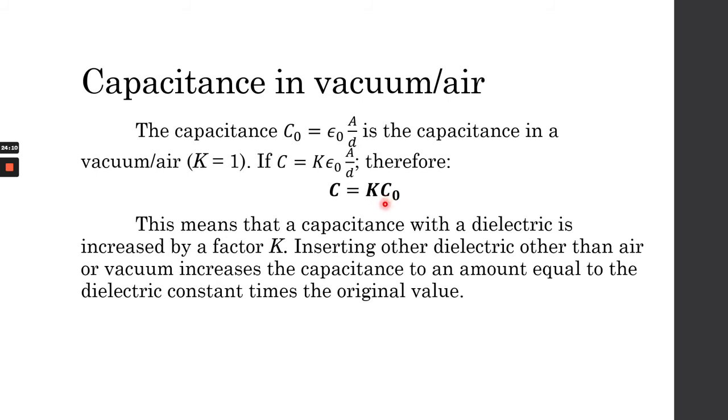For example, you have a capacitor that has an original capacitance with no dielectric, meaning there's nothing in between its two plates, of C naught. If you added something in between the two plates, that dielectric has a dielectric constant K. If you multiply that constant by your original capacitance, then you will get your new capacitance.